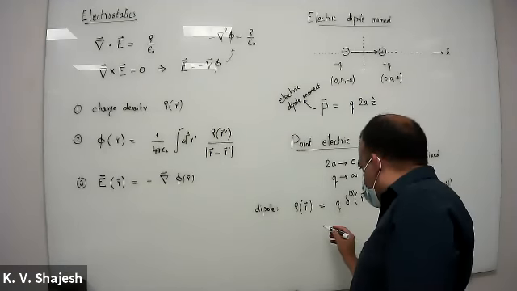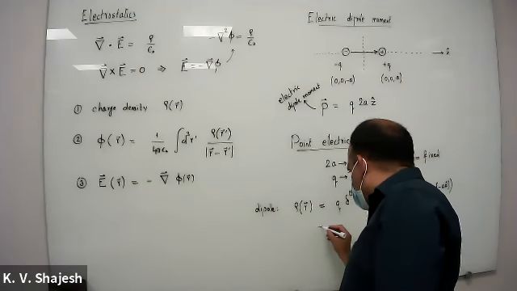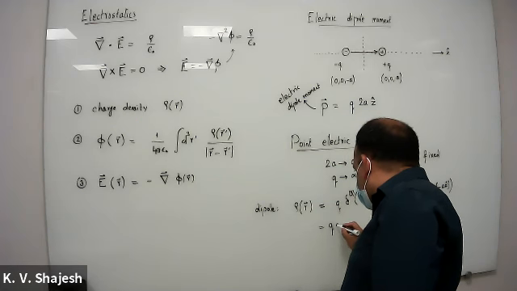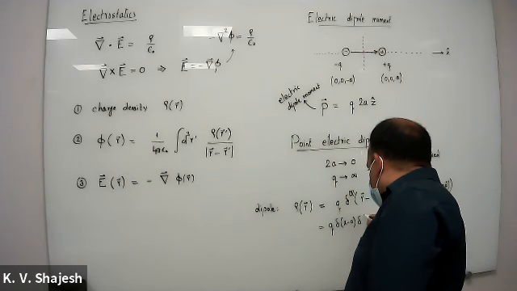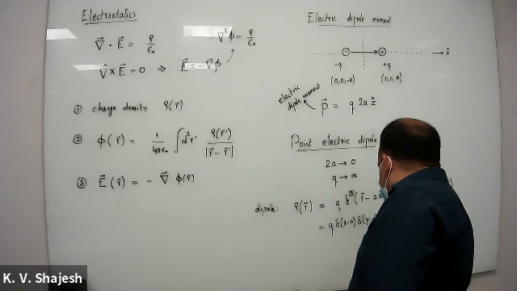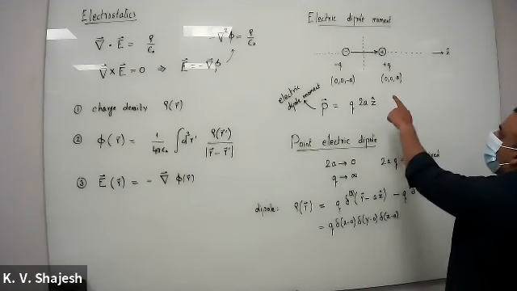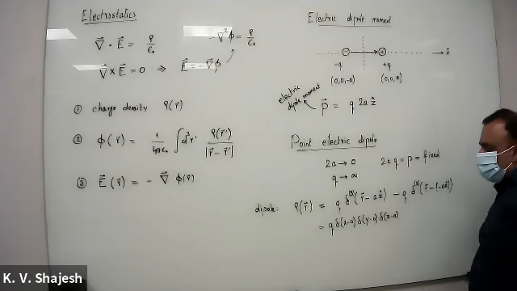This is a short version of the following expression. So this is Q times delta of x minus 0, delta of y minus 0, and delta of z minus a. These are the three coordinates x, y, z of the position.